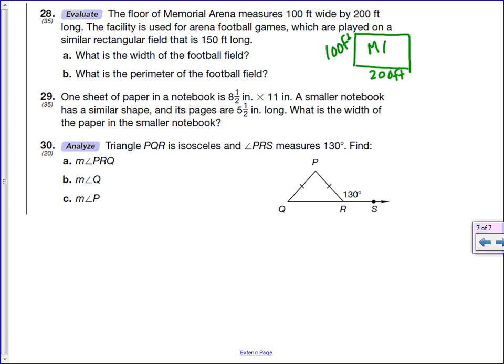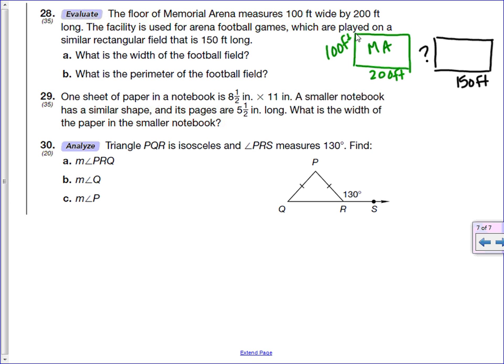And then the football games are played on a similar rectangle, and it's 150 feet long, and we want to know how wide it is.